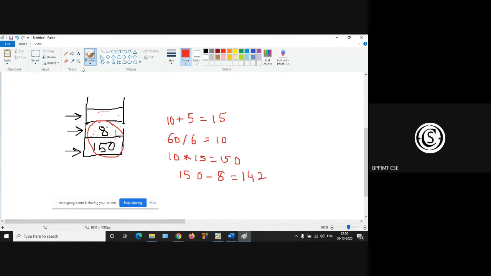Remove these two tokens from the stack and finally write the output 142. So in the stack, the final result is 142. Is it clear?